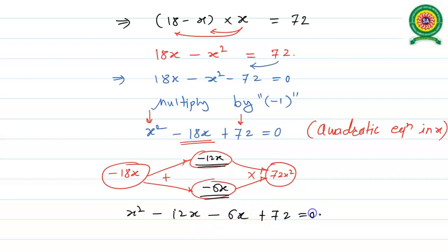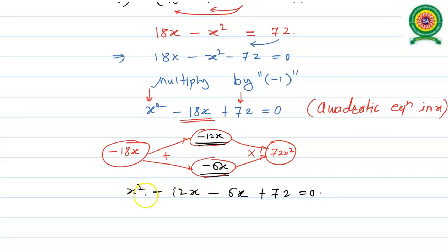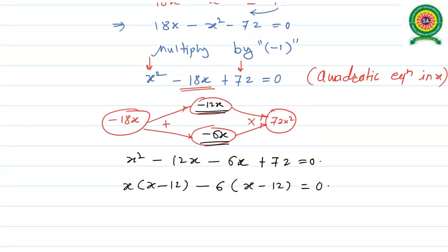Now make a pair from left to right direction. From the first pair we can easily take x outside, so we remain with x minus 12. From the second pair we can take minus 6 outside, so again we remain with x minus 12, that is equal to 0.